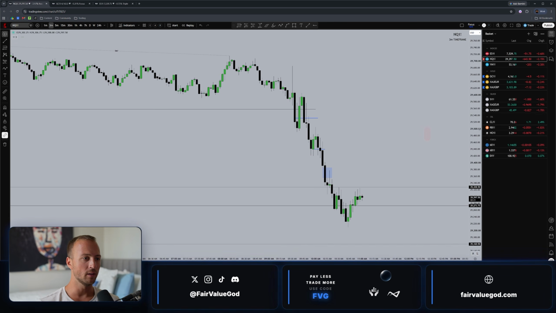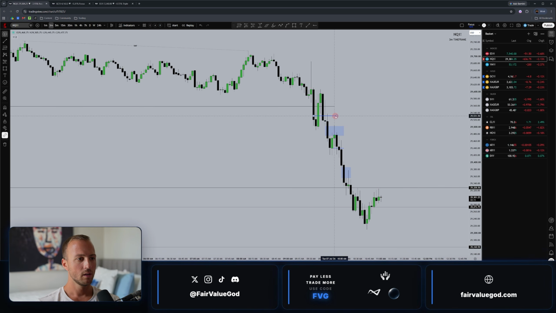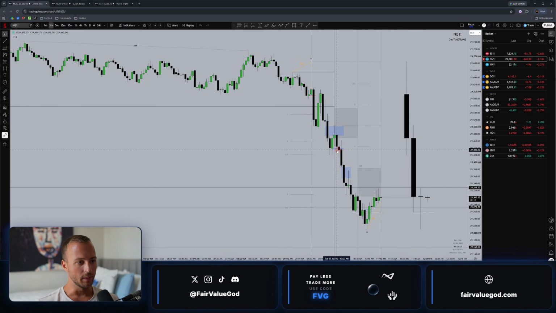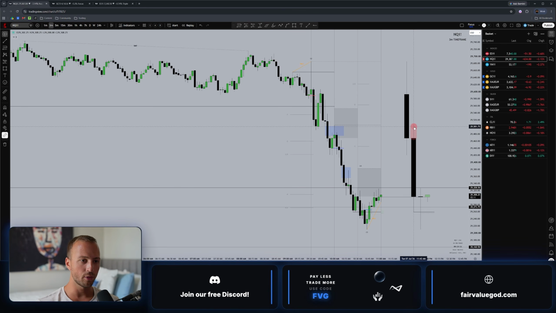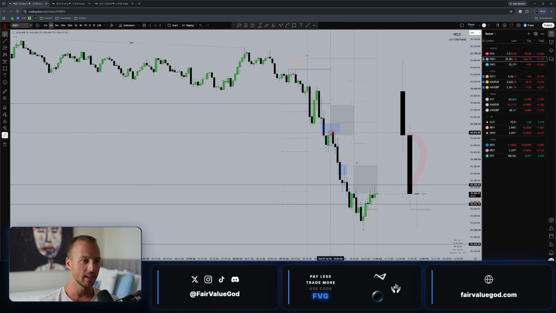Instead, I went on the 3-minute, and I also saw we were hitting this imbalance right here. We hit this imbalance and form the new 30-minute wick at 10 o'clock. Let the wick form, trade the body lower. That's exactly what we did.